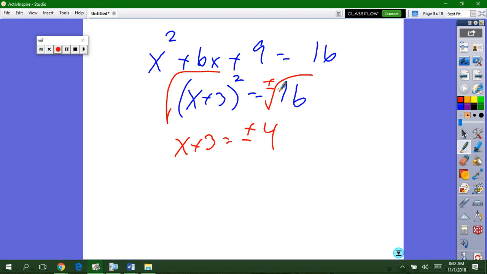You guys did that last time too. So I have x equals negative 3 plus 4, 1, negative 3 minus 4, negative 7. Okay? Making sense?